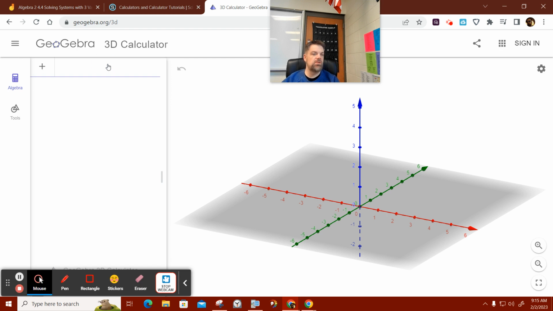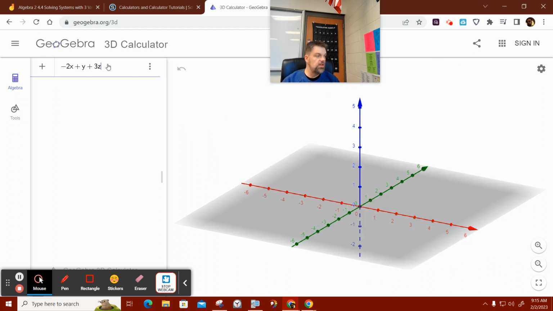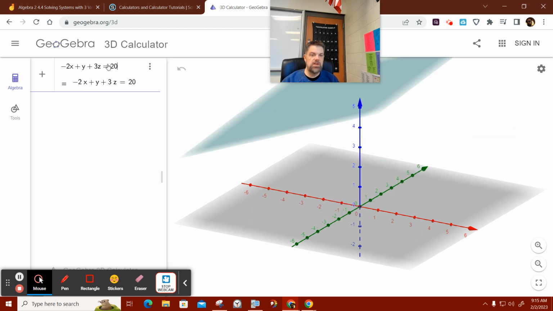Now, what I'm going to do is just type this in. The first equation, and you guys double check and make sure that I'm typing it correctly: negative 2x plus y plus 3z equals 20, right? Hit enter.